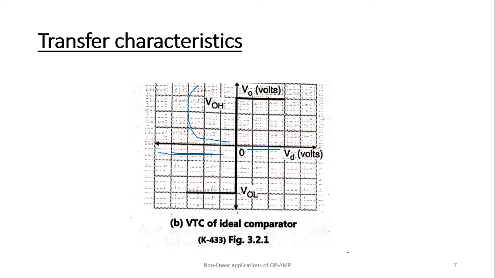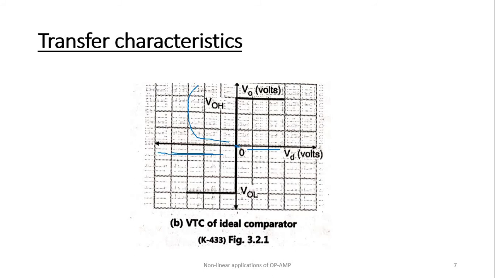The voltage transfer characteristic is a highly non-linear curve at VD equal to 0. At this point, the output voltage is VOH or VOL. Means at one point we get two different outputs, one high and one low, which indicates the voltage gain is infinite.